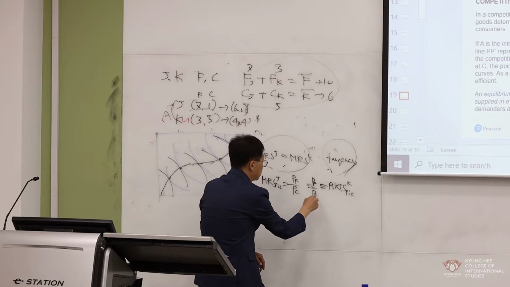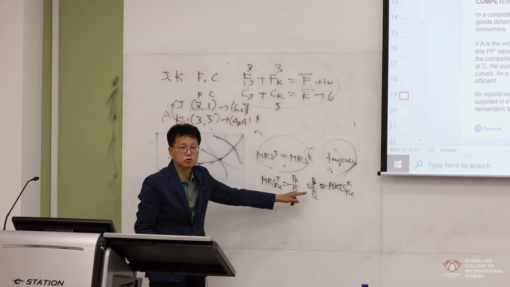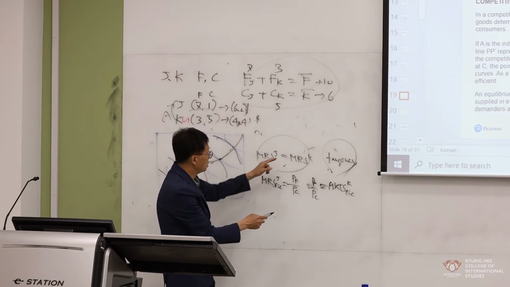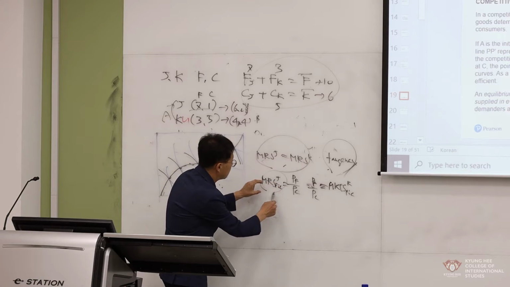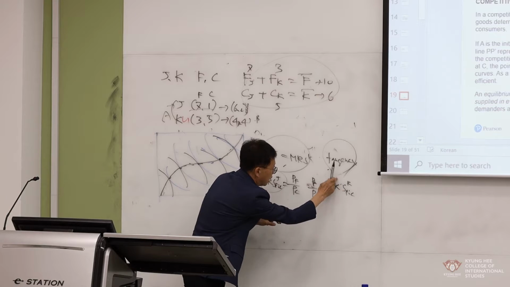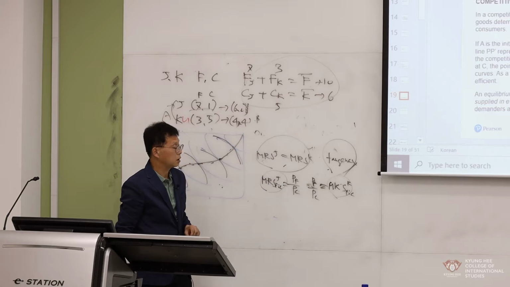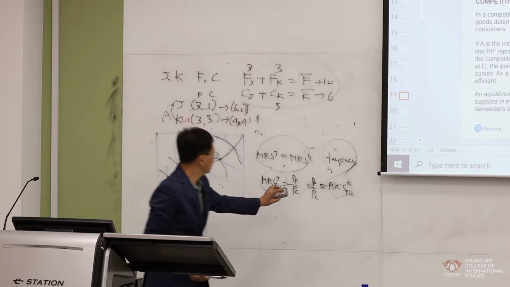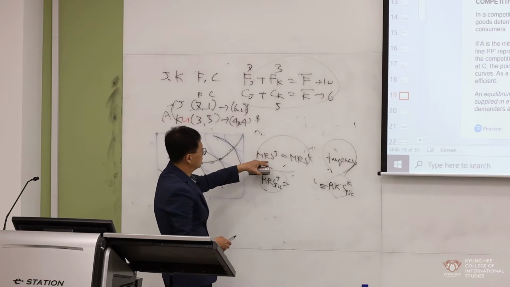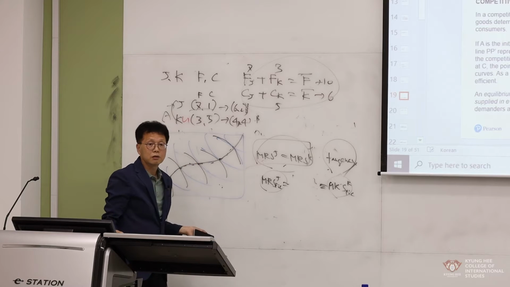PF over PC, led by relative price of two goods. Anyway, in equilibrium, efficiency allocation condition says MRS of James is equal to MRS of Karen. This one is equal to this one. Simply talking, efficiency in allocation sets this condition, right?